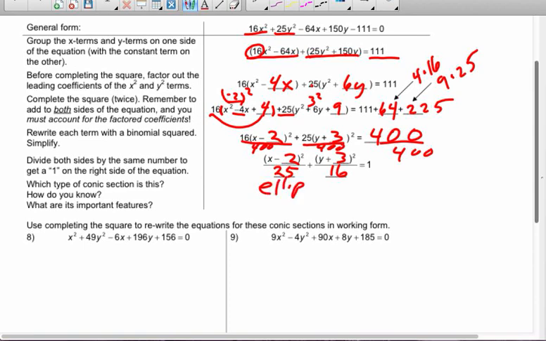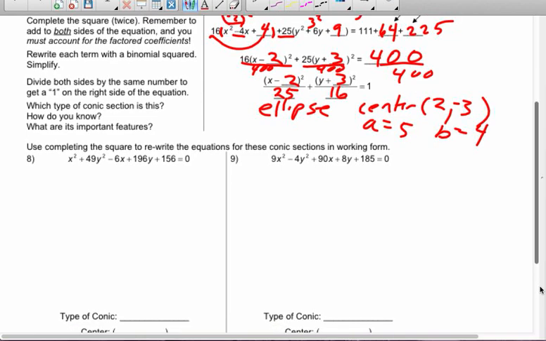All right. The center is at 2, negative 3. A is 5, B is 4. And now we can graph this thing. All right, so I'm going to work one more of these.